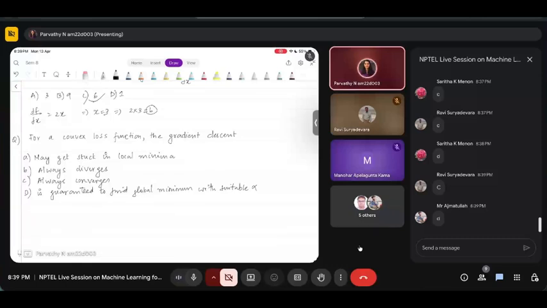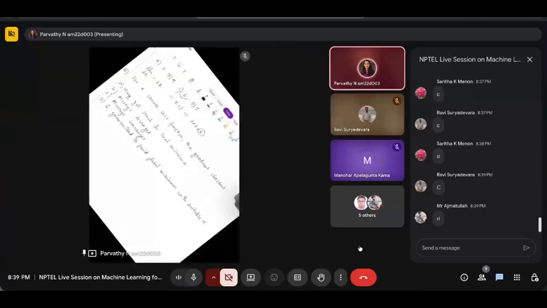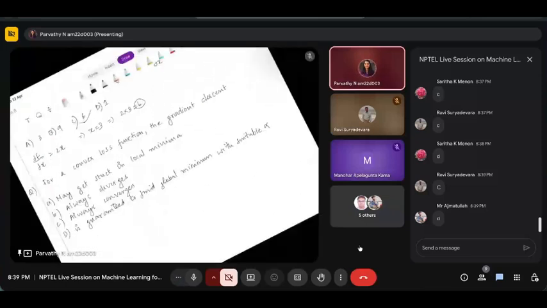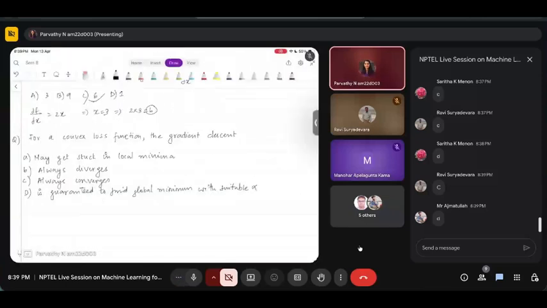Yeah. So it is guaranteed to find global minima with suitable alpha.